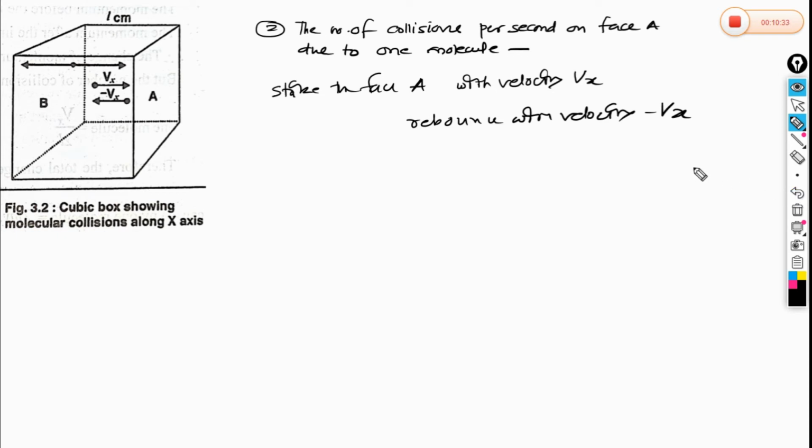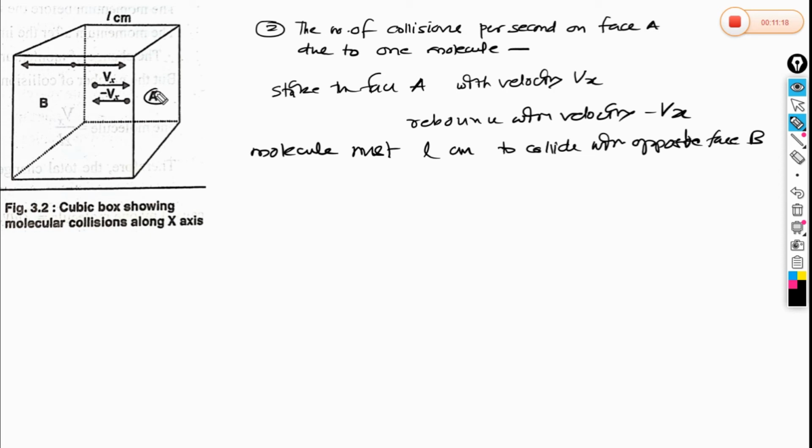So to hit the same face again means once the molecule will come here, it will go back to B and again it will come to A. So to hit the same face again, the molecule must travel L centimeter length to collide with the opposite face B. From face A to collide with face B, L centimeter distance is required to travel.